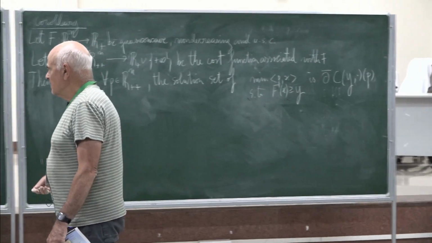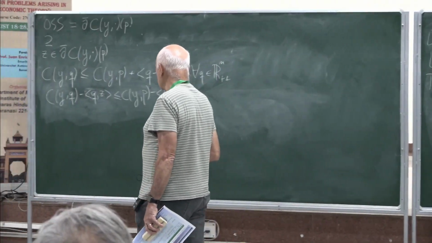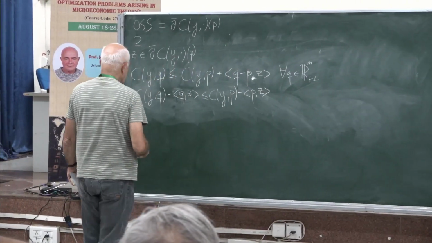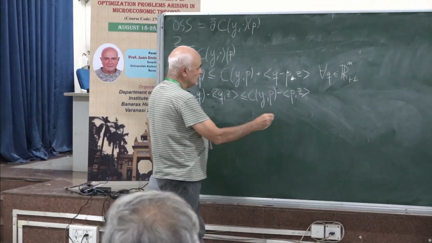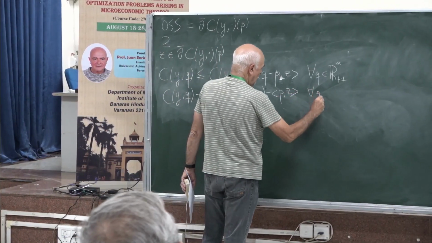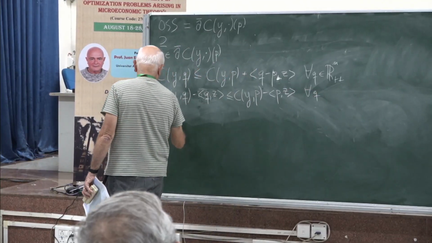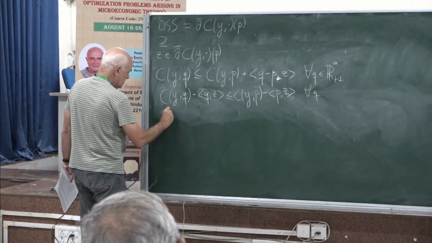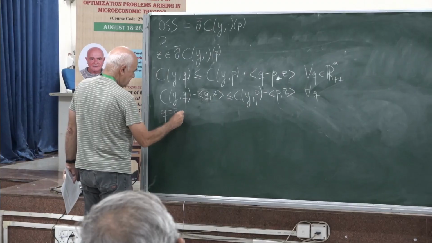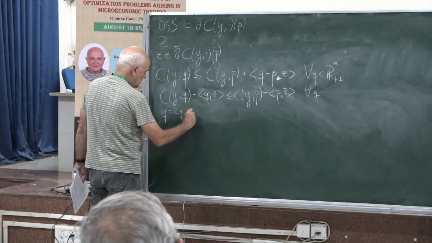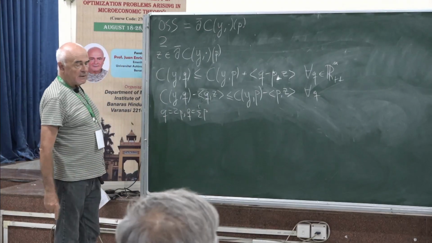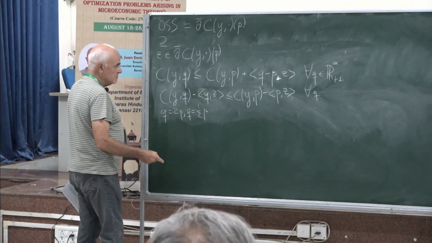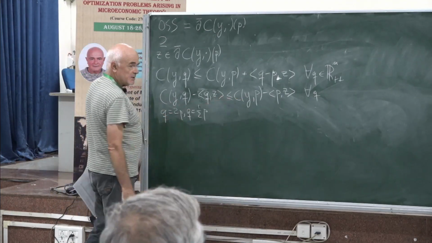Exactly. So, because this is satisfied for every q, taking q equals 2p, and then q equals 1/2 p, I prove that the right-hand side is 0.